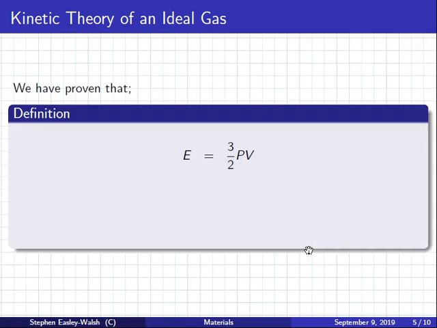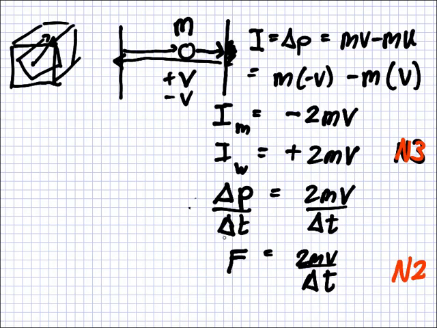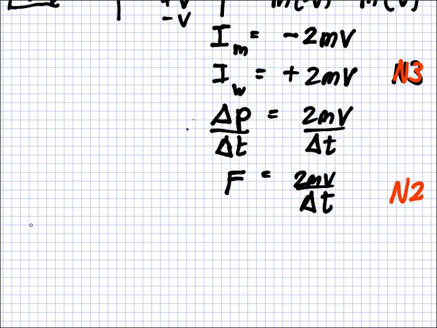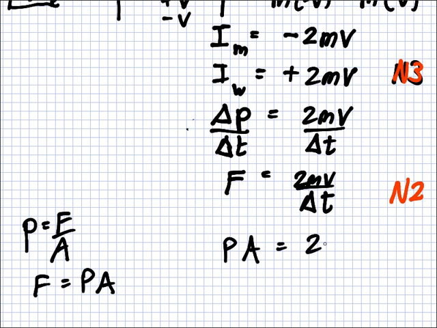Now, what we'll use next, if I scroll down a little bit, is we have the formula pressure equals force over area. So that means force equals pressure times area. So you can say pressure times area equals 2 mv over the time.